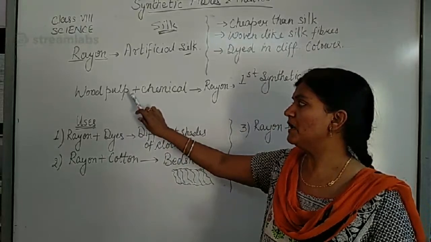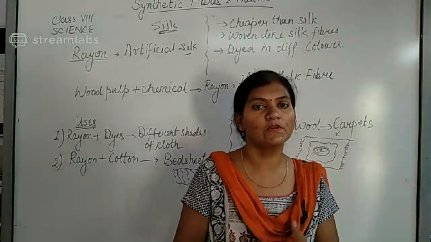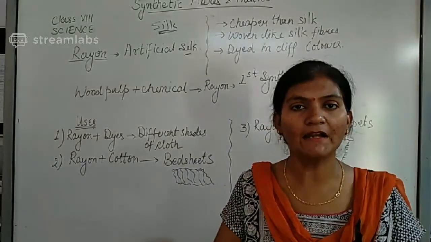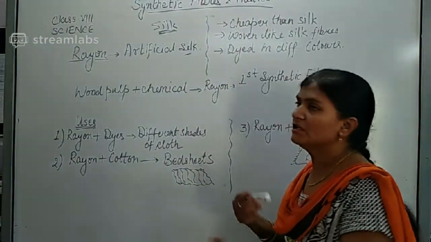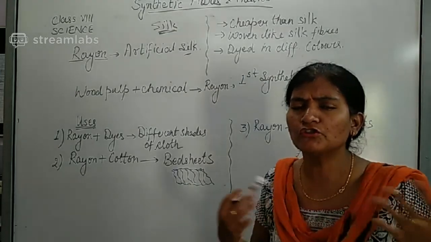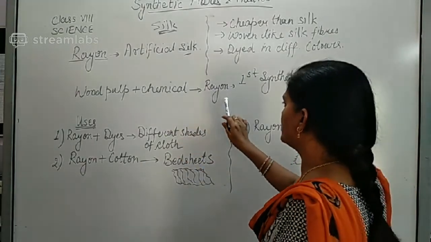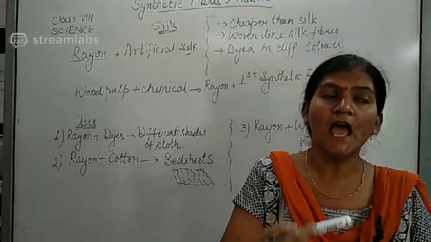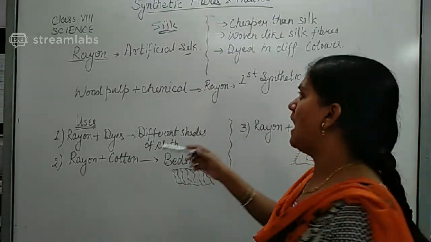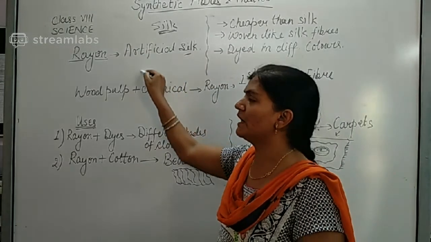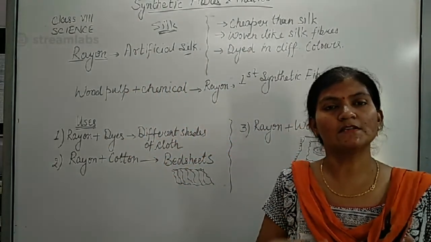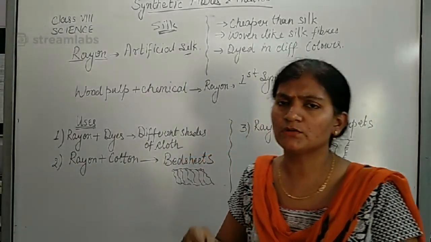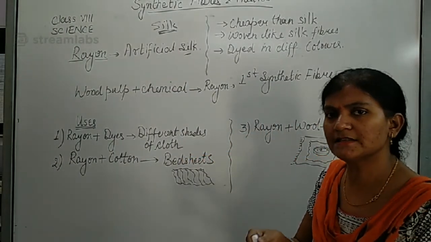When wood pulp is treated chemically with certain chemicals, or when certain chemicals are added to wood, then we get a beautiful fiber, and that is rayon, which has the same properties as silk. Because the properties were similar to silk, it was called artificial silk.